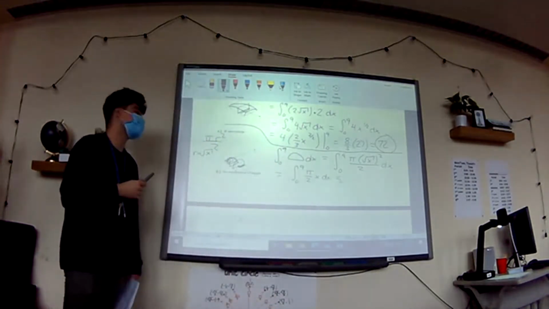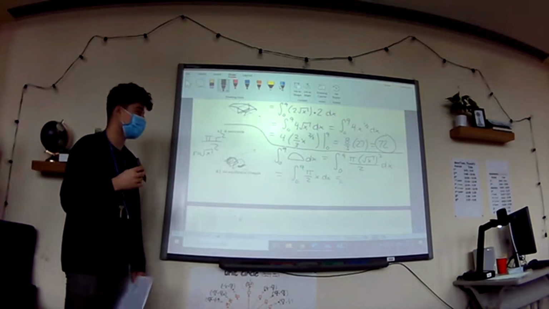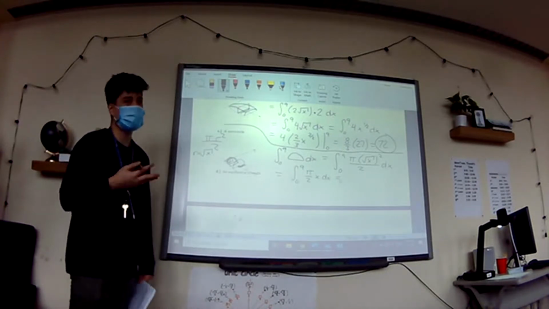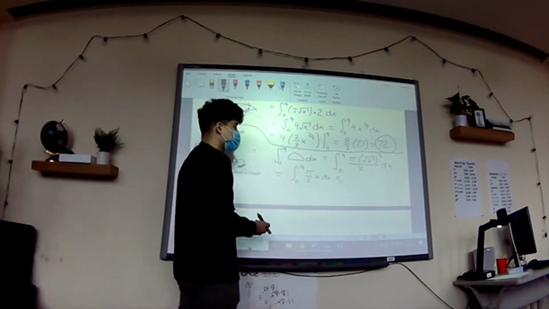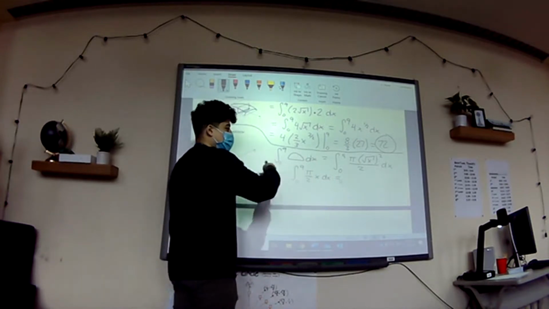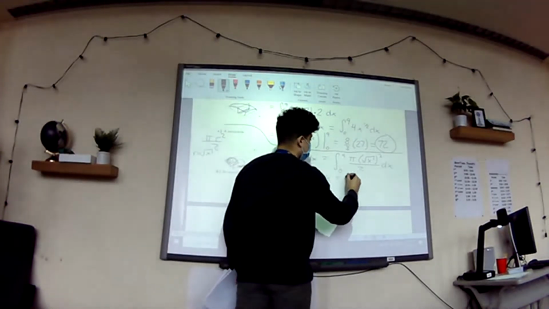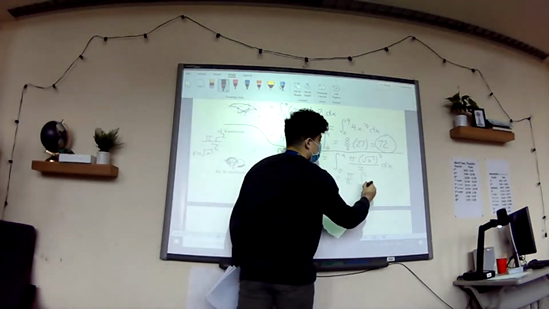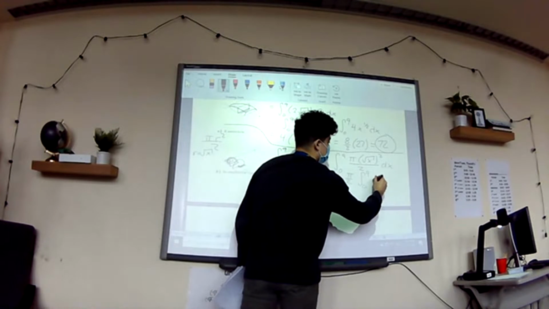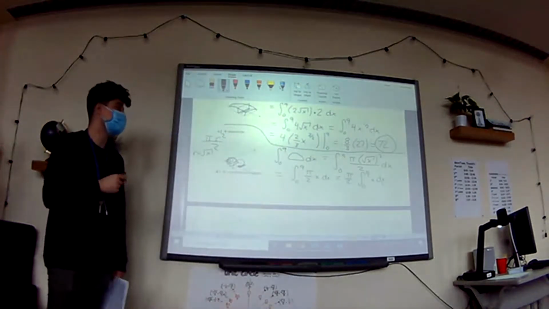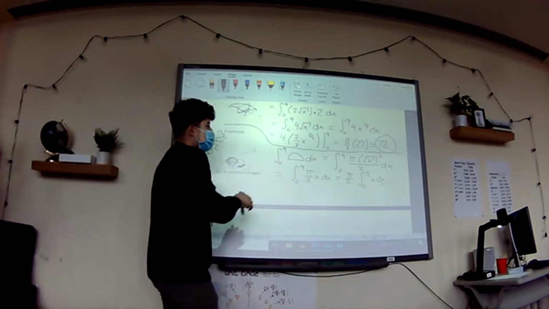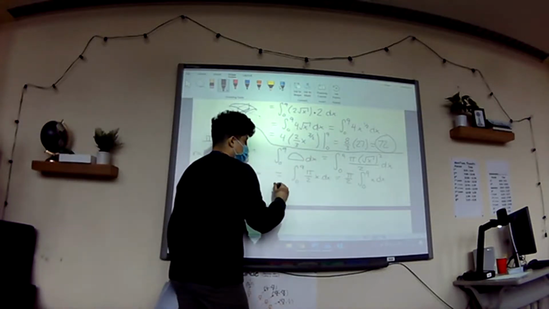Then you see that and you might be like, what the heck? I don't know how to anti-differentiate this. But don't freak out. This guy right here is just a constant. So what I like to do is just pull that out. If it's an ugly constant like that, I don't want to deal with it. So you just pull it out, and then you anti-differentiate and everything.